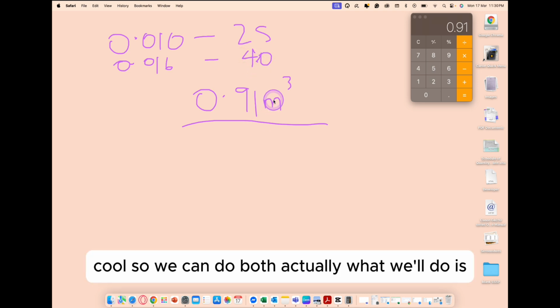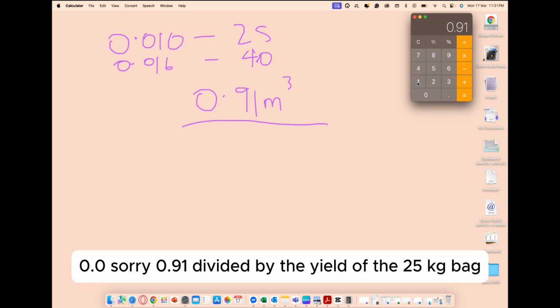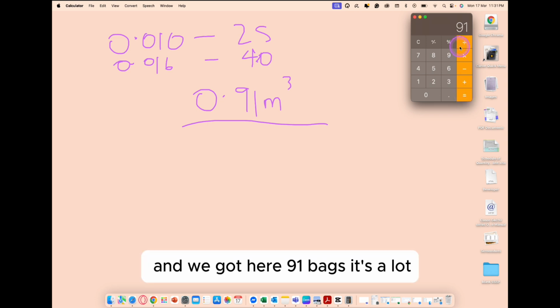Cool. So we can do both actually. And we'll see how many bags. 0.91 divided by the yield of the 25 kg bag, which is 0.010, and we've got here 91 bags.